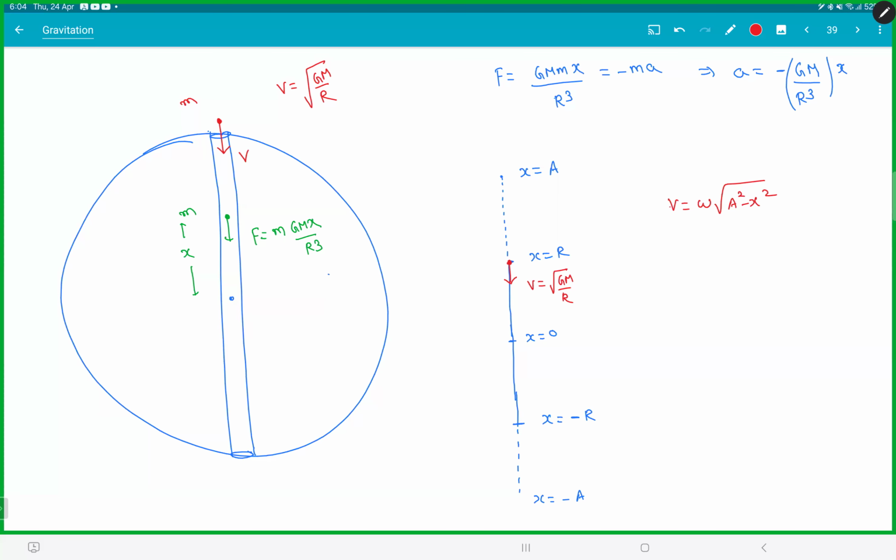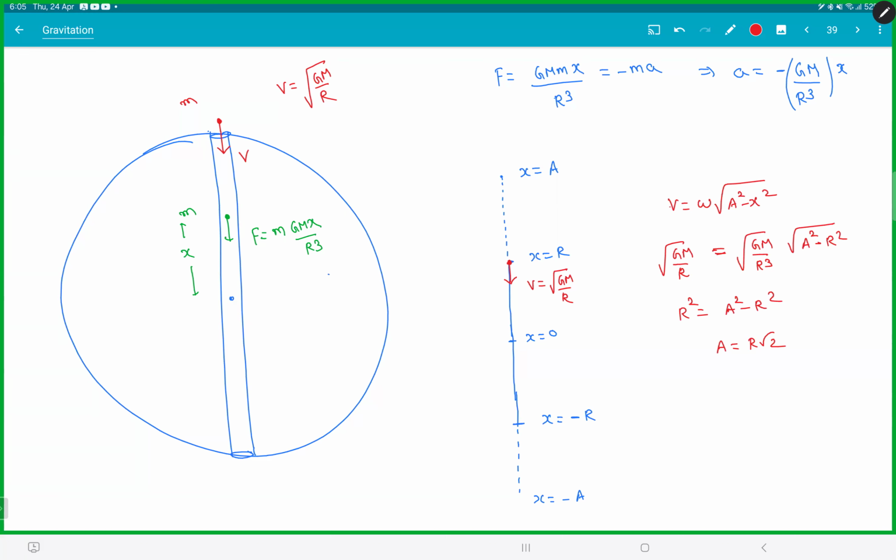Remember this? The relation between velocity and position in SHM. There, I know velocity, which is root GM by r. I know omega from here, that is omega square is GM by r cube. And this is root over a square minus r square. GM by r goes off, and this will be r square is equal to a square minus r square. So we get a is equal to r root 2.